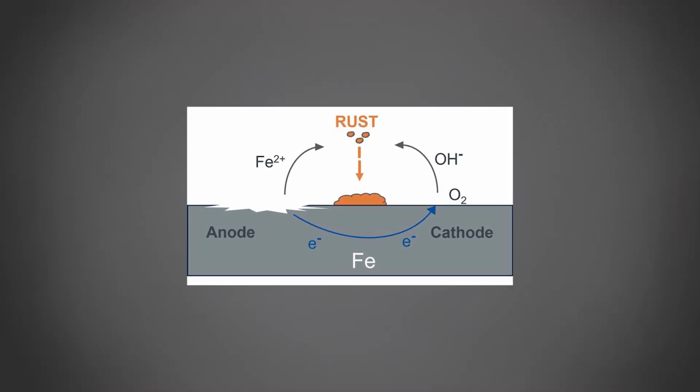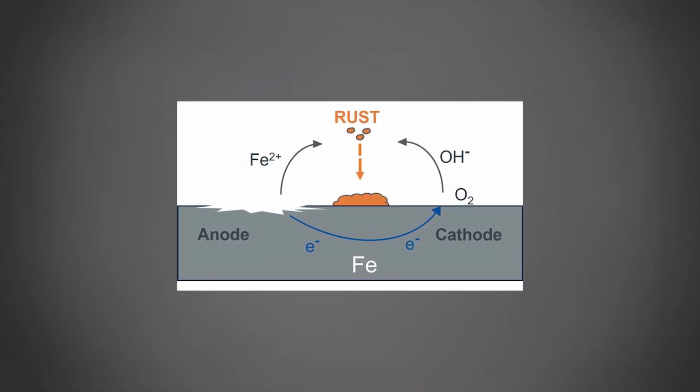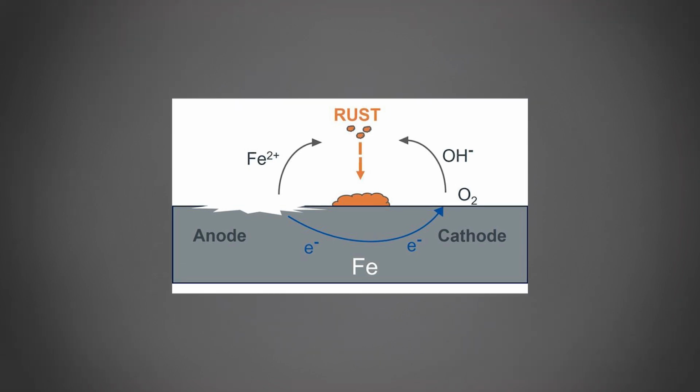So the electro part of that reaction, meaning an electron is involved, and the chemical being that an ion or piece of the metal is reacting. And so this electrochemical reaction happens in electrolyte, typically water, and can be thought of a lot like a battery. So a car battery generates electricity through an electrochemical reaction.